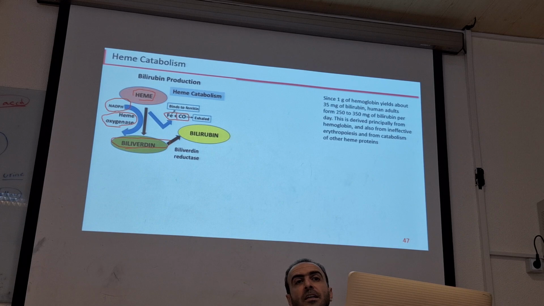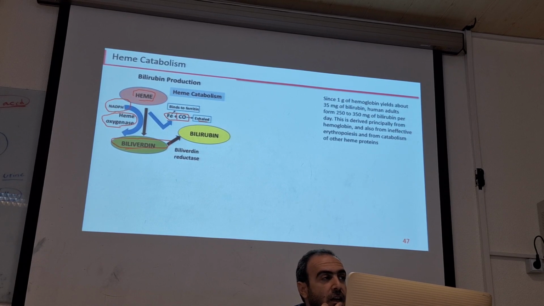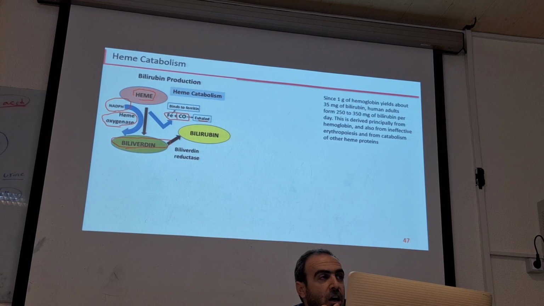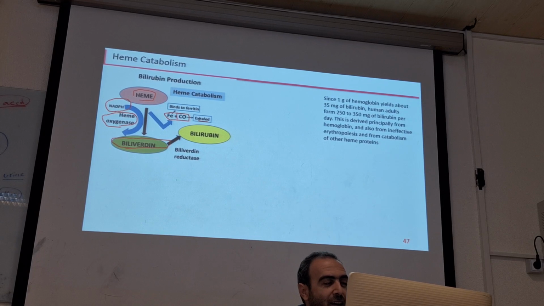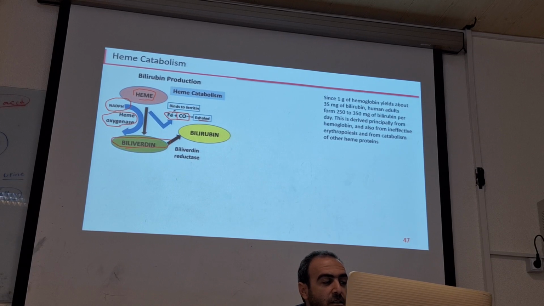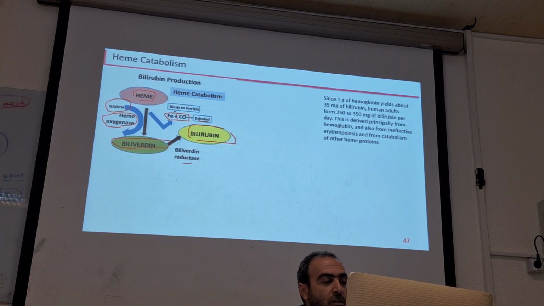The only enzyme in our body which produces carbon monoxide is heme oxygenase. And CO is exhaled, breathed out. Biliverdin reductase converts biliverdin to bilirubin, and the color of bilirubin is yellow.